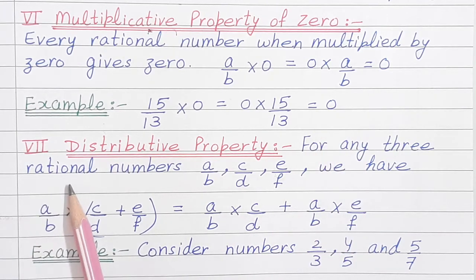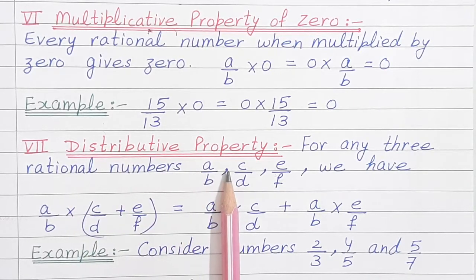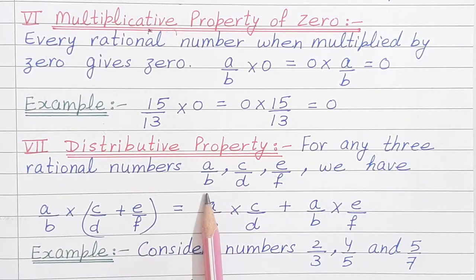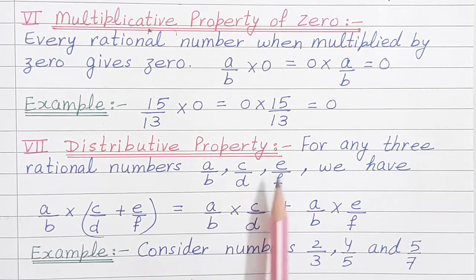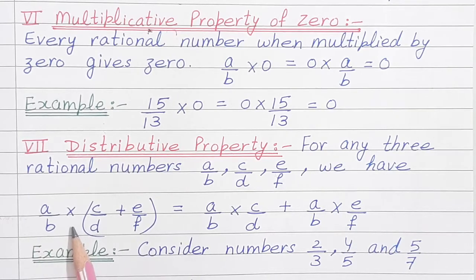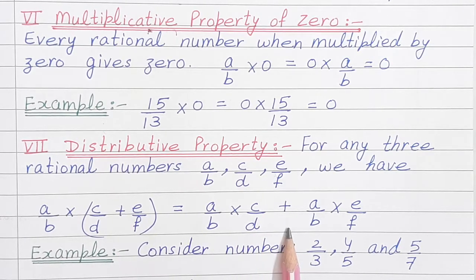Now, let us move to the next property, that is distributive property. For any three rational numbers, that is a upon b, c upon d and e upon f, we have a upon b multiplied by, now within bracket, c upon d plus e upon f, that is equal to a upon b multiplied by c upon d plus a upon b multiplied by e upon f.